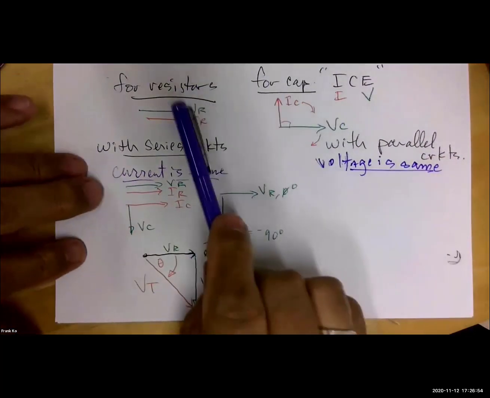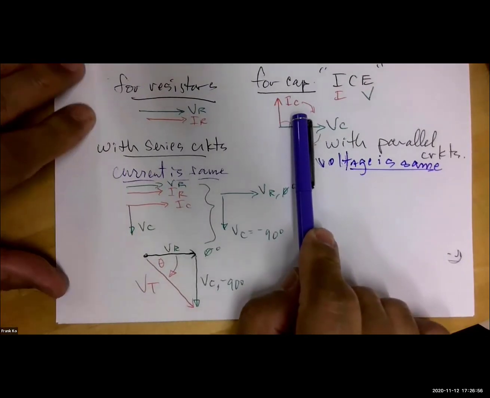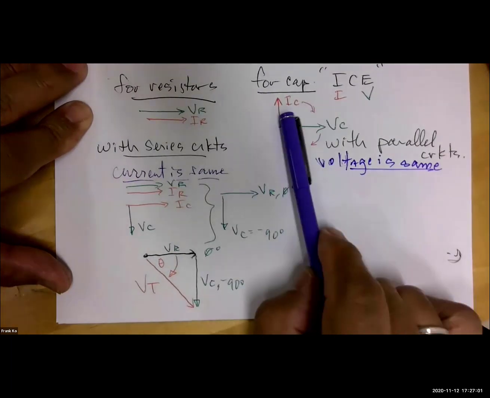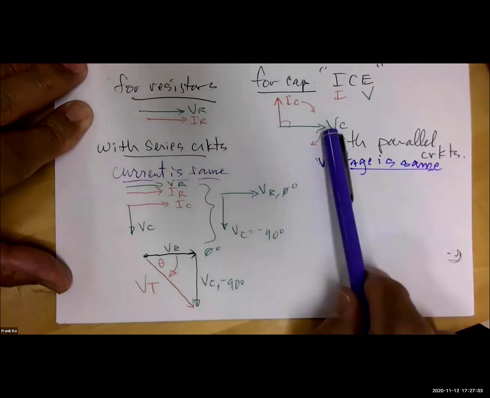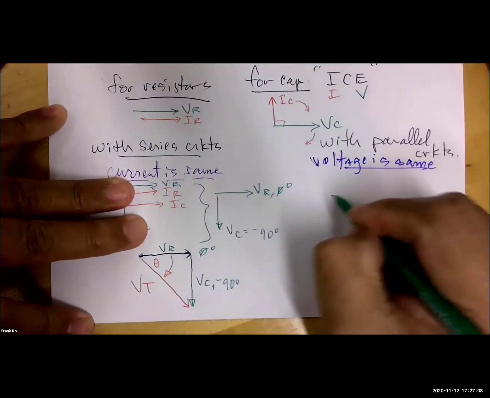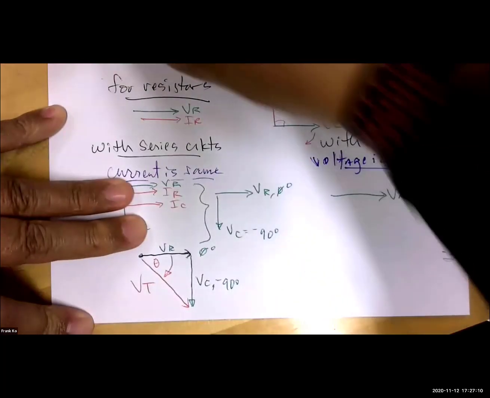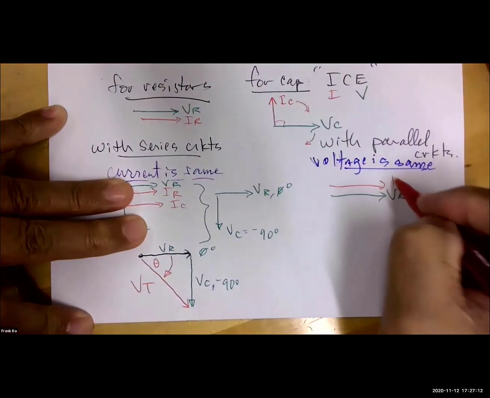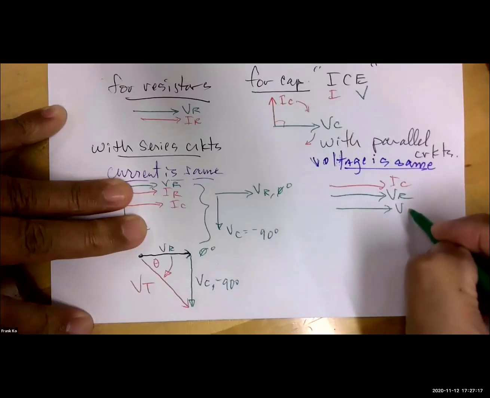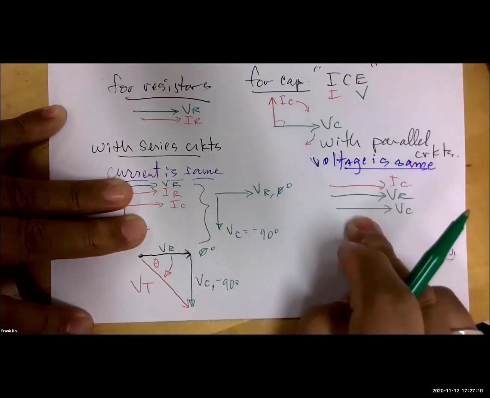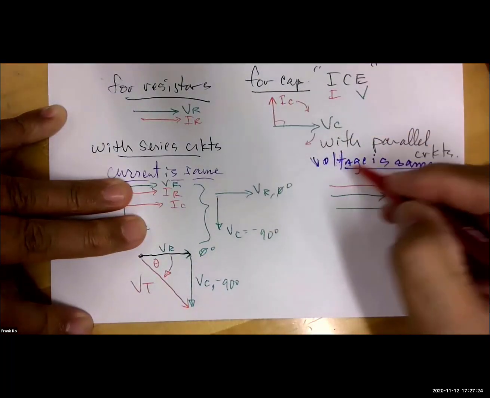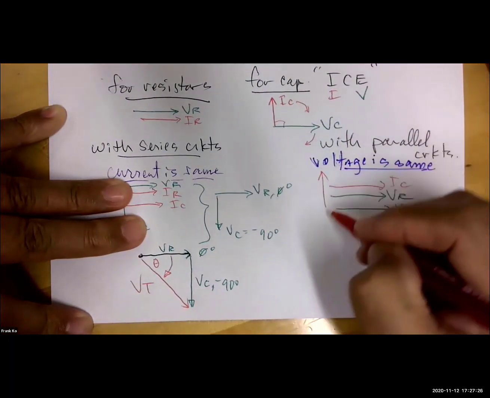Now, if I'm combining the phasor diagram for resistors and the phasor diagram for capacitors, and I want to keep the voltage the same, here's my VR, here's my VC, IC, and I'm going to keep VC pointing in the same direction as VR because their voltage is the same, they're in phase, which means my IC is going to be pointing up.